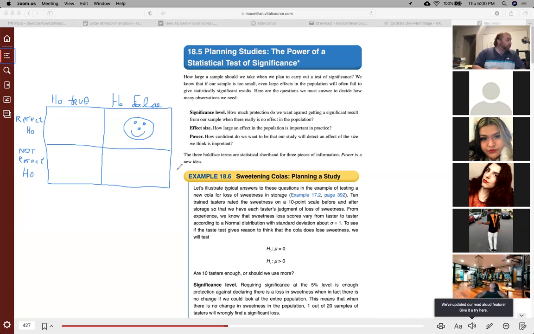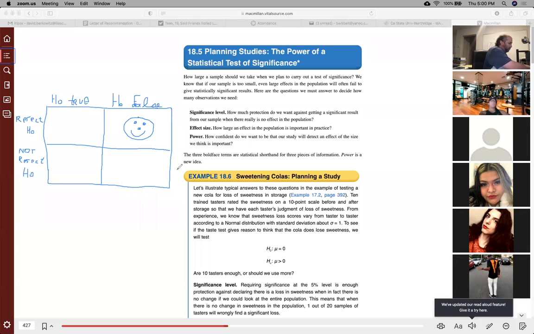Is there any other square where you did the right thing? The bottom left. If H naught is true, then you do not want to reject it. In that scenario, you again have done a good thing.